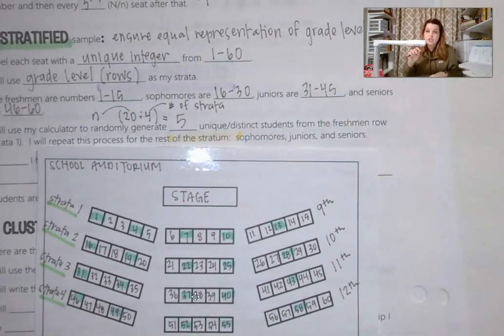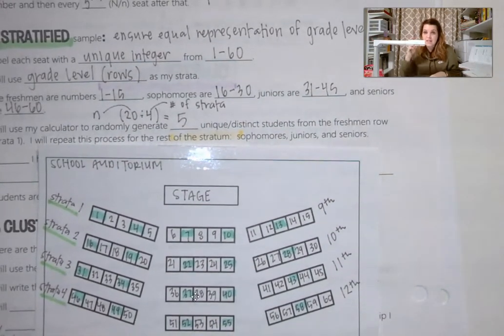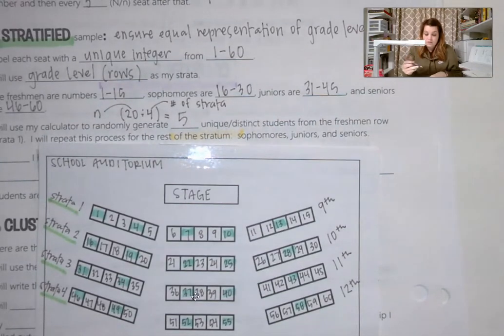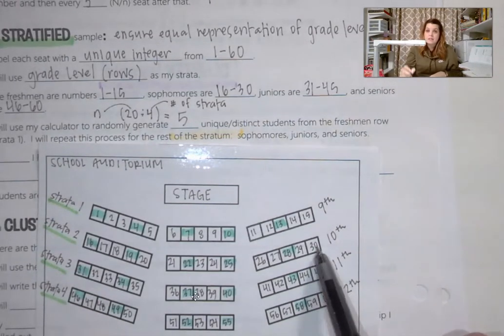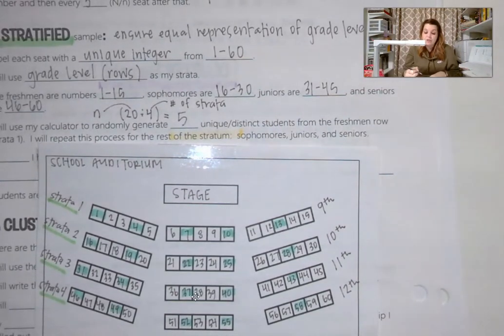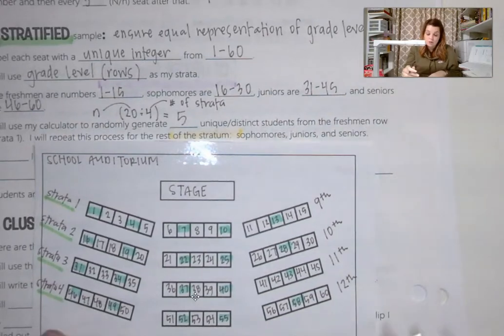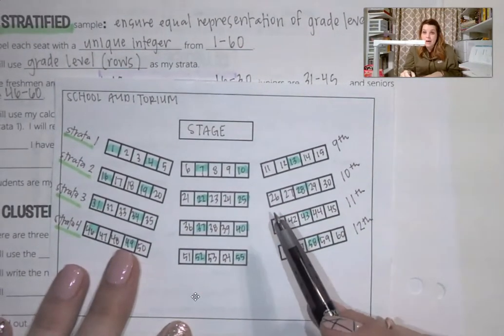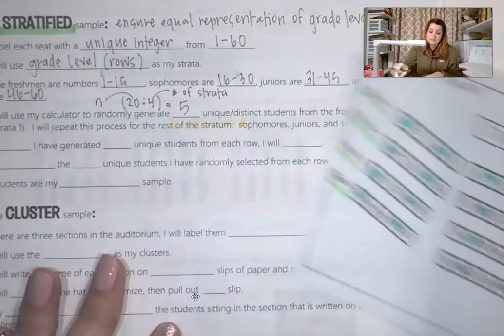And then you would hit generate as many times as it takes to get 5 unique seat numbers. Then you do 16 as your minimum for the sophomores, 30 as your max, and then you hit generate until you have 5 unique numbers. Same for strata 3 and strata 4. So you adjust your minimum and your maximum, but the process is the same.